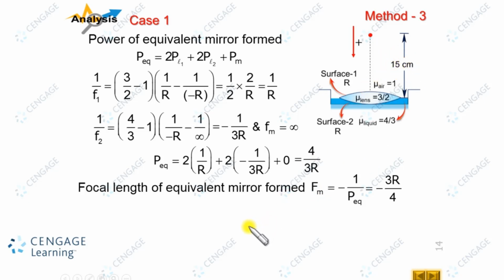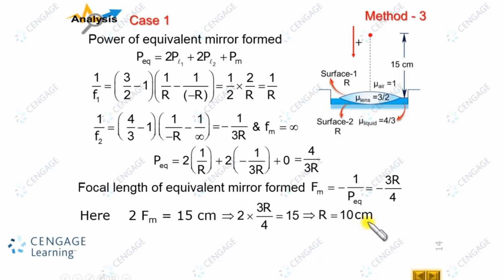So here we can write twice the focal length of the mirror equal to 15 centimeter, and we have this expression for the focal length. So let us substitute the magnitude, because we are interested to calculate the radius of curvature magnitude. So this should be the radius of curvature. After solving, we'll get R equal to 10 centimeter. So we got the first part.